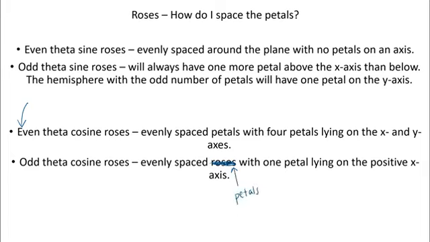Please forgive the error. Okay, so for odd theta cosine roses, the first petal we're going to place is going to be a petal on the positive x-axis. Once we place that petal, we're going to evenly space the remaining ones around the rest of the plane.